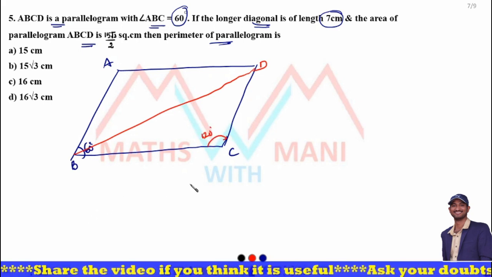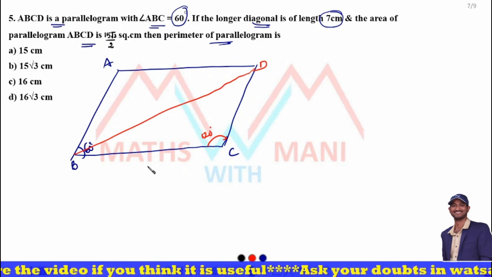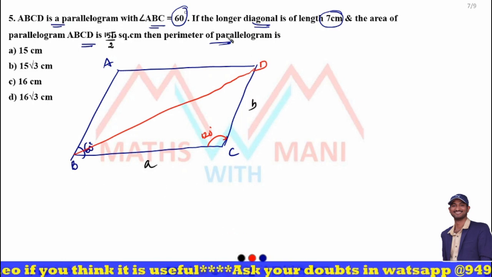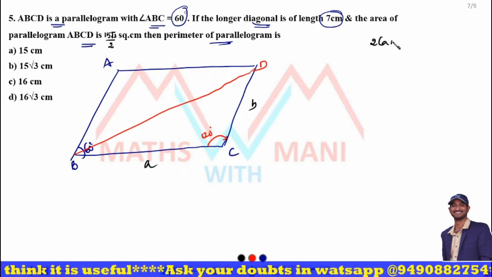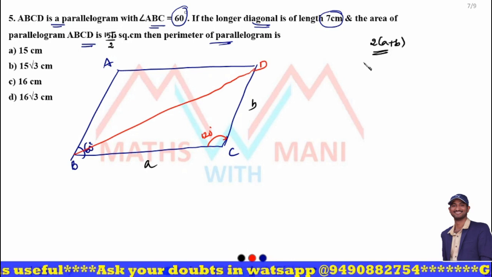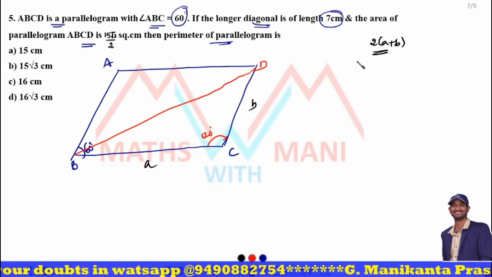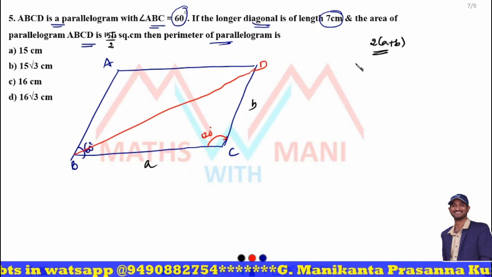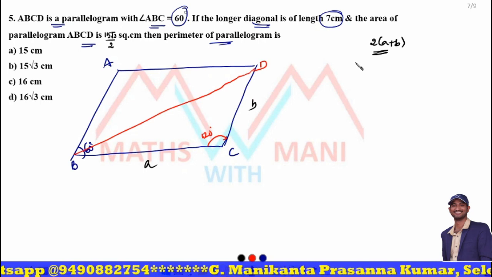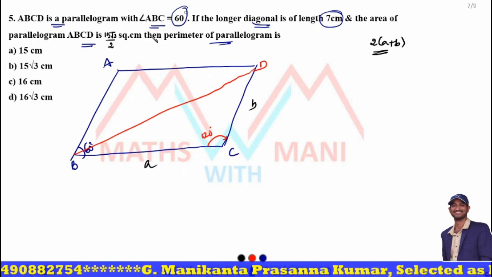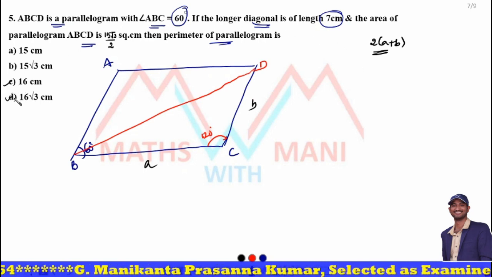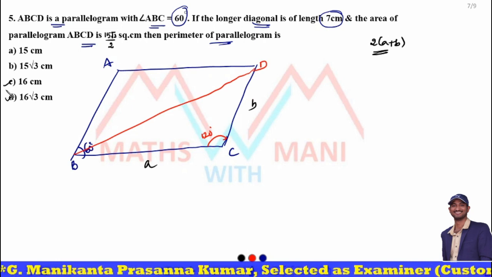Suppose the adjacent sides of the parallelogram are A and B, then the perimeter is 2 times A plus B. If I know the value of A plus B and multiply by 2, I can easily get the perimeter. So the answer should be a multiple of 2, so maybe option C or option D. The first two options cannot be the answers.